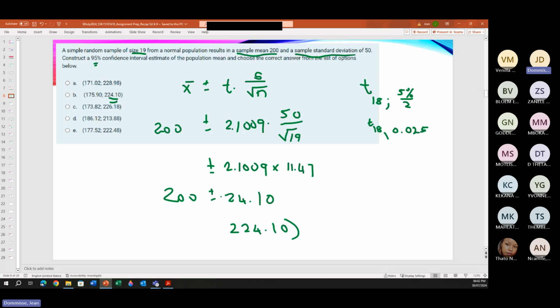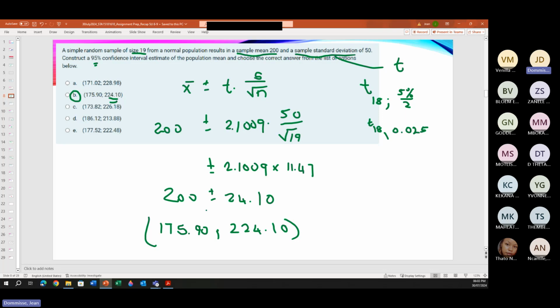And then if I take 200 minus that, I will get 175.90, which is option B. Okay, so again, in this one, first we identify if it is a Z or T. Because of the sample standard deviation, we basically know that we are working with a T. Then we need to get the T value from the T table, which is 2.1009, and then we can solve it.